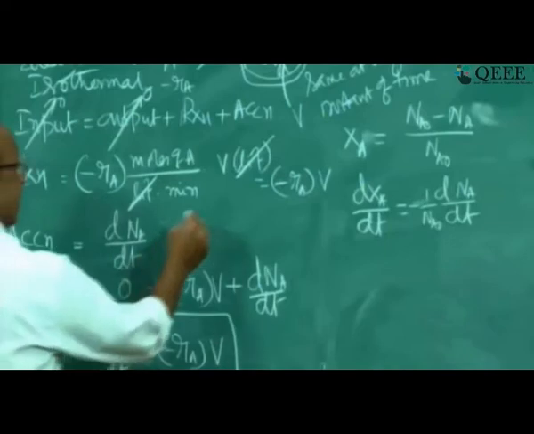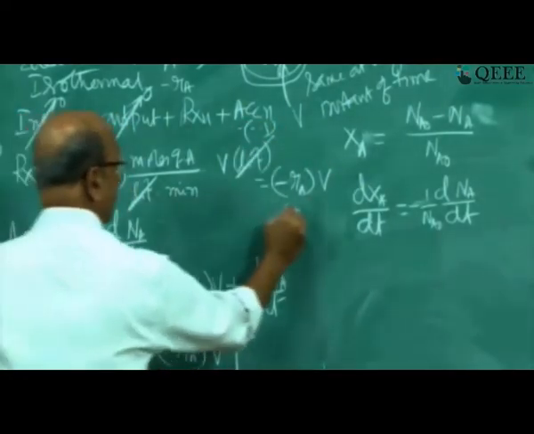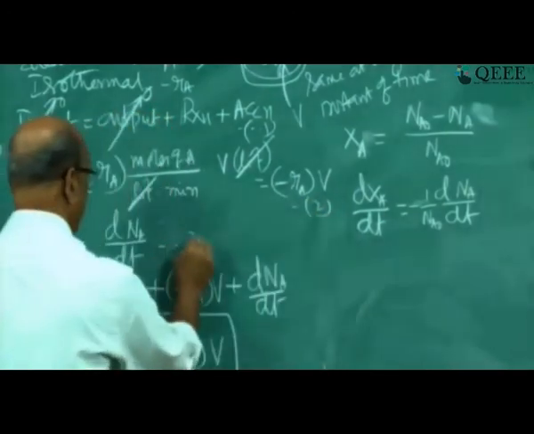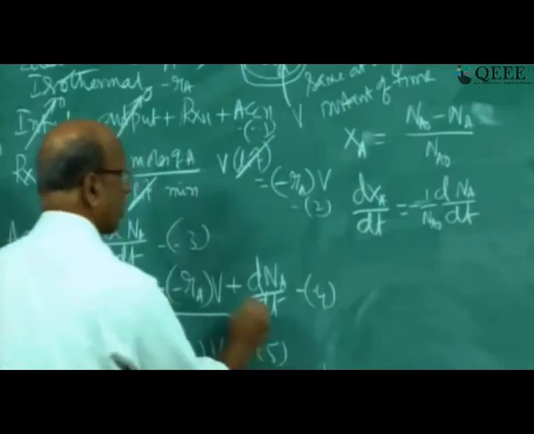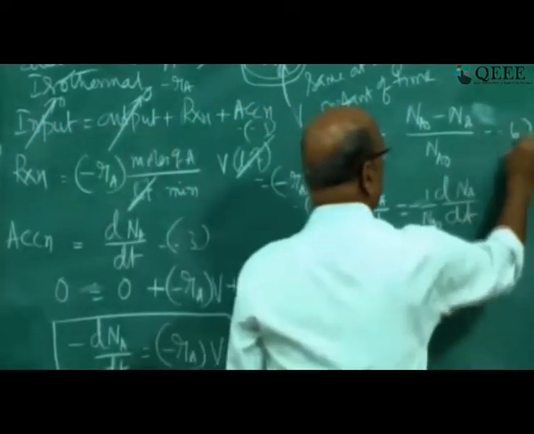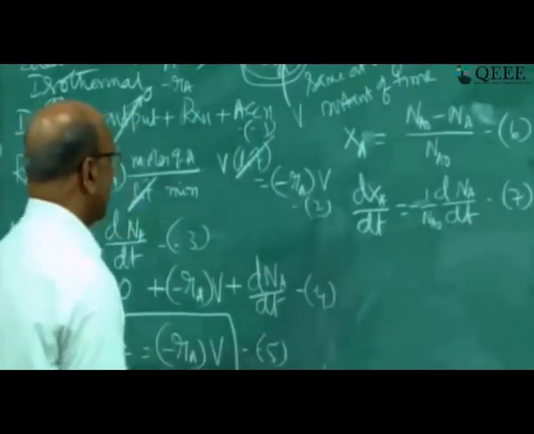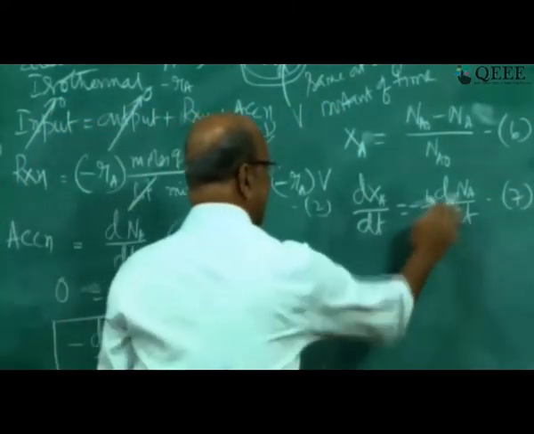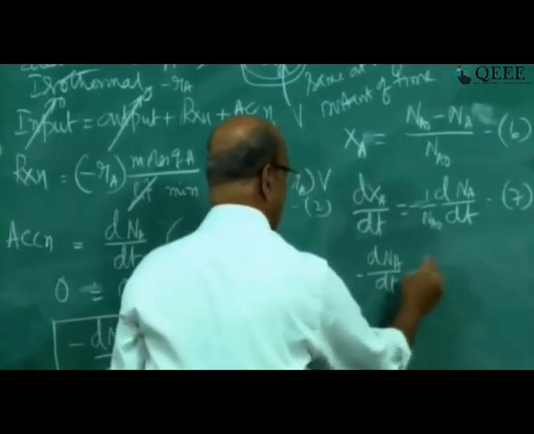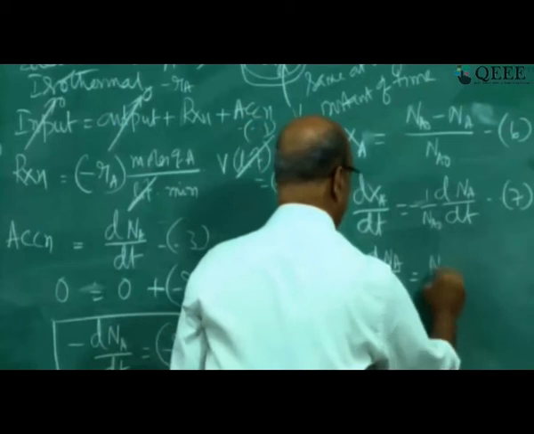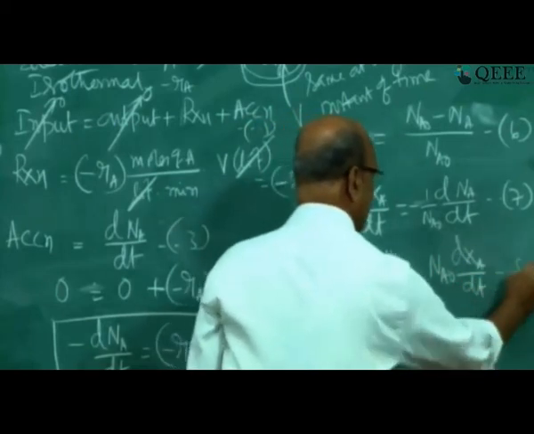If I write this one as equation 1, this is equation 2, equation 3, and so on up to equation 7. Right. Now substituting, this -dNA/dt is NA0 dXA/dt. So this is equation 8.